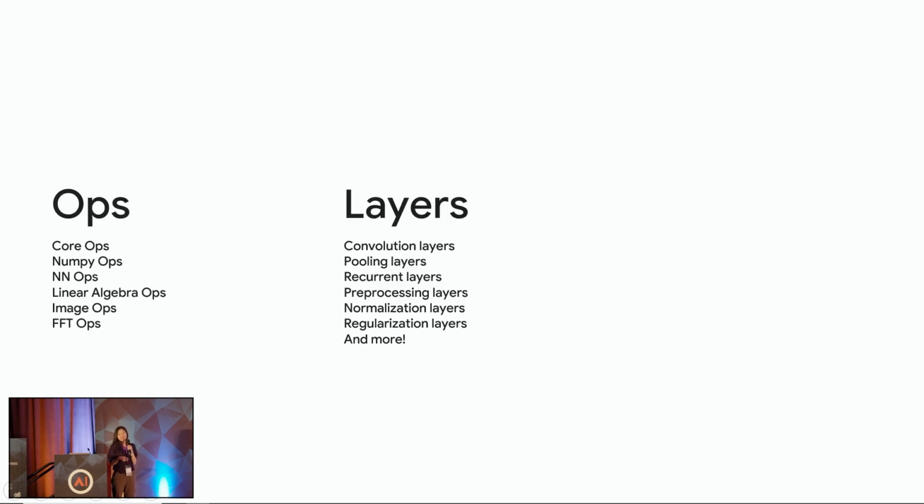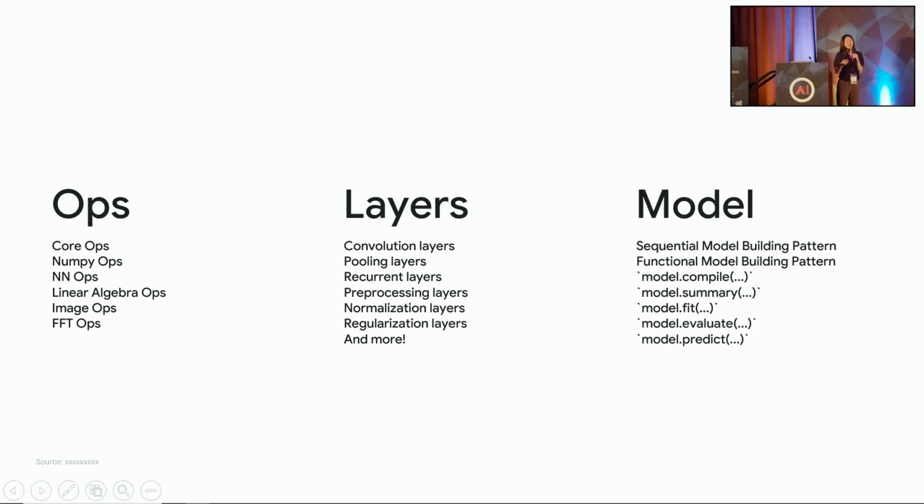So what exactly is inside Keras? Well, we have our ops and layers, all of which work together to create your model, which you can build using the functional or sequential model building patterns. And then, of course, we have the model.compile, model.summary, model.fit APIs, which I'll go into later.